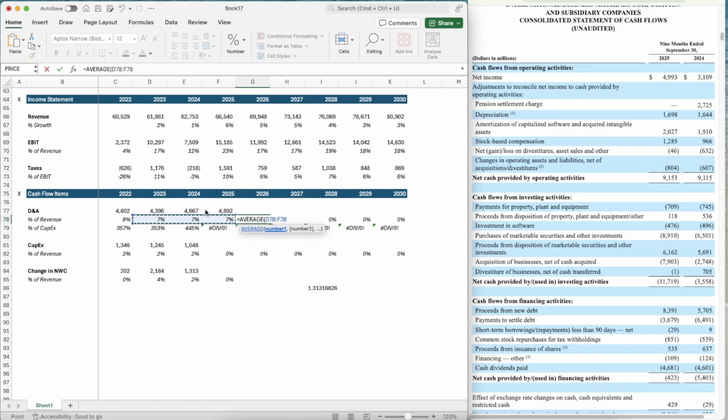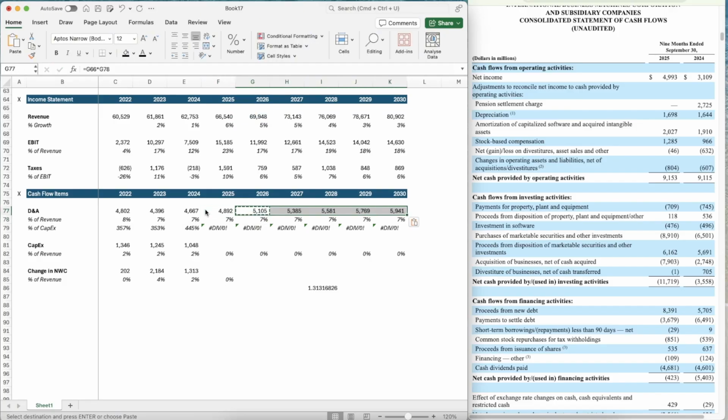Just for 2026, just take an average of the last 3 years, pull it across, take the revenue forecast and multiply it. Okay. Now for CapEx, do the same again.